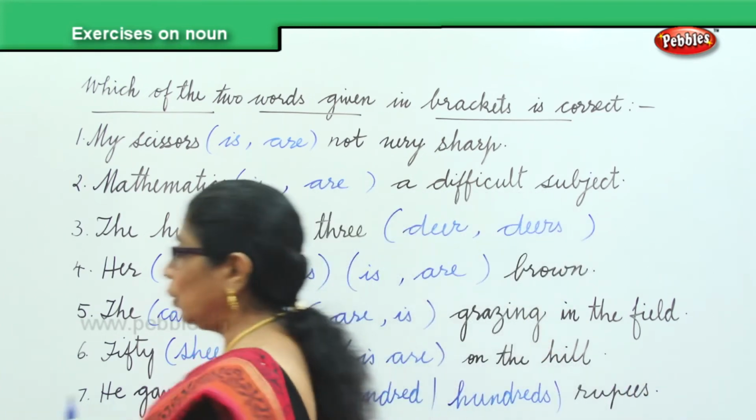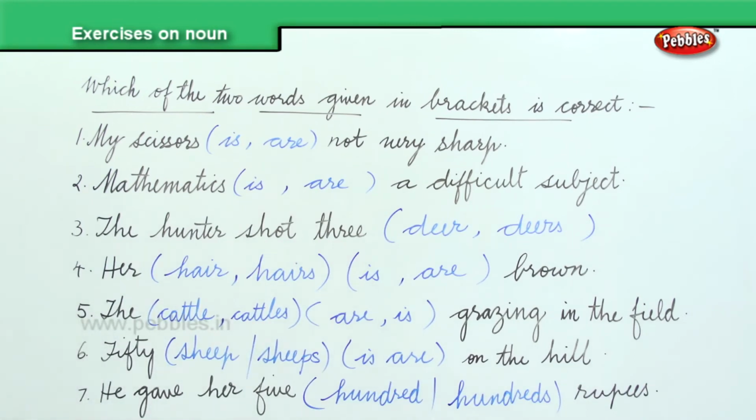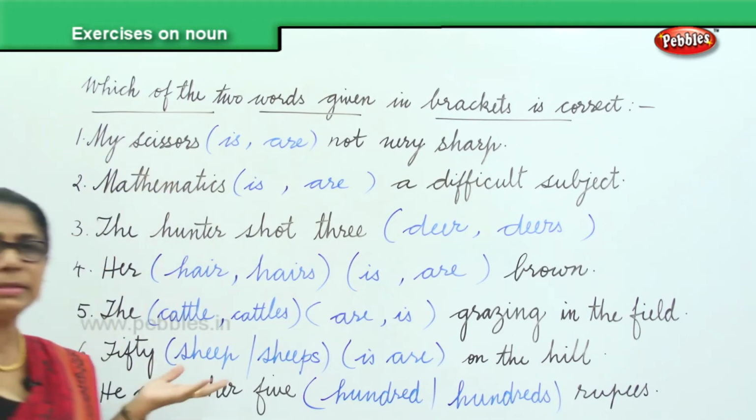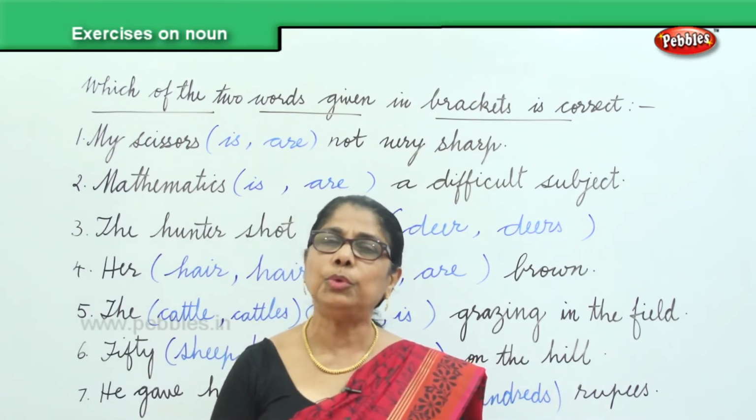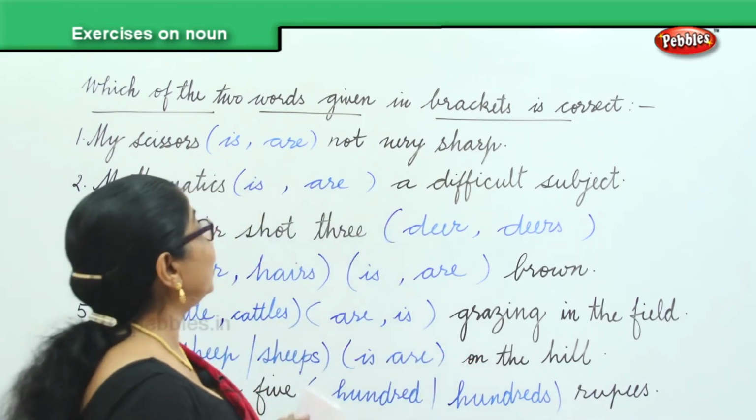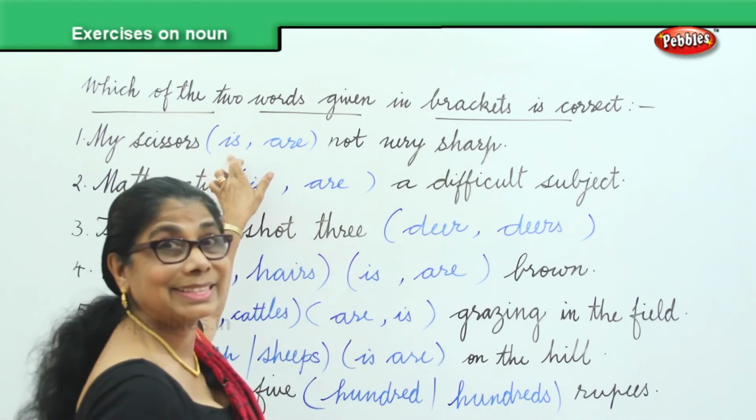Okay, let's look at all the sentences I have given you, and now we are going to look at what is correct. Okay, now the first sentence, let's look at it. My scissors are not very sharp. When you say scissors, it has got two bits, so it's always plural. So you cannot use singular is.